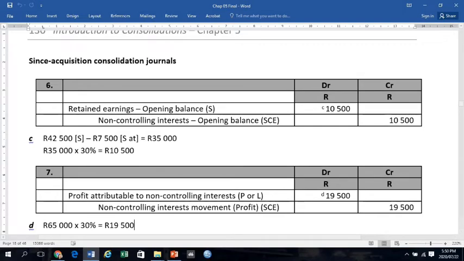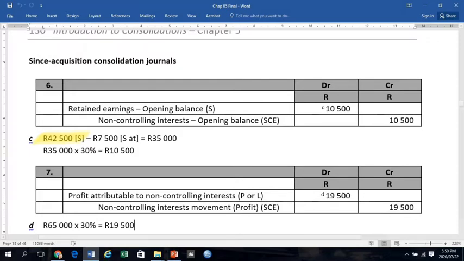That is why the retained earnings from the trial balance of the subsidiary has not been adjusted with the effect of the 400.